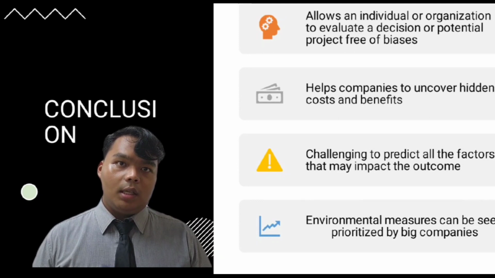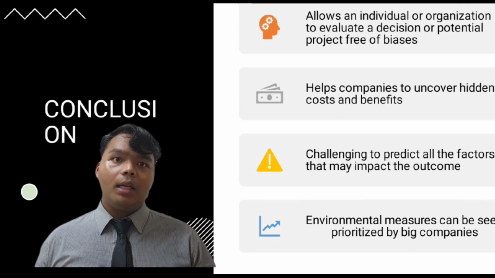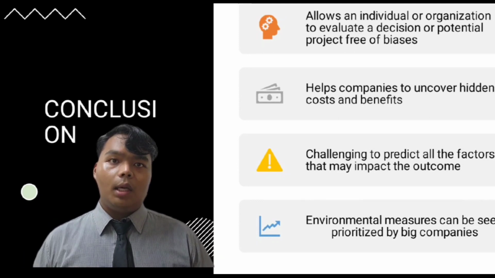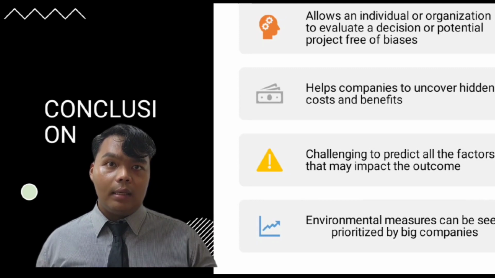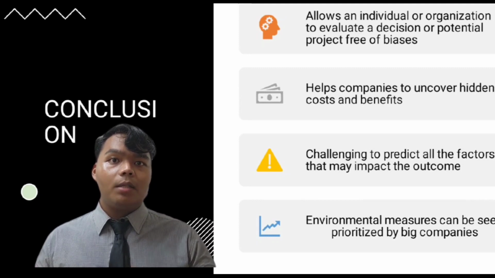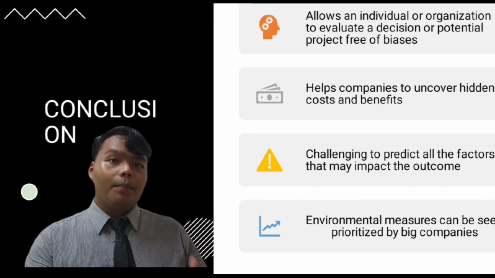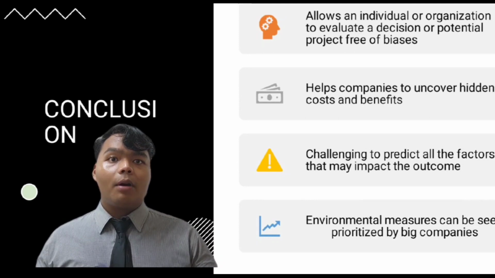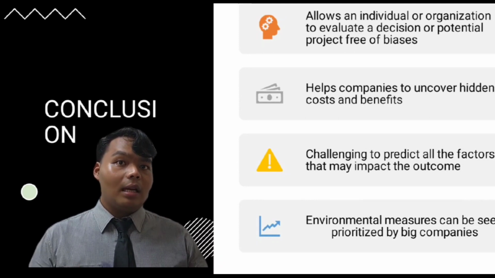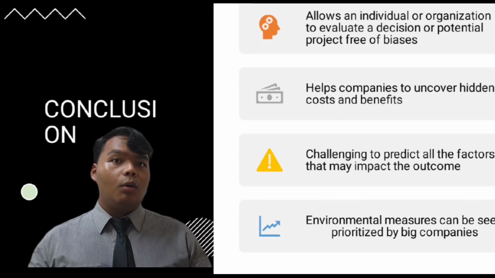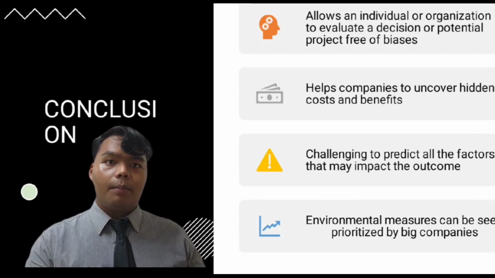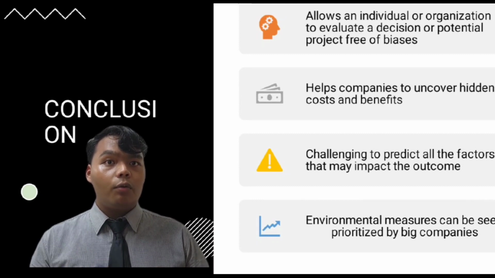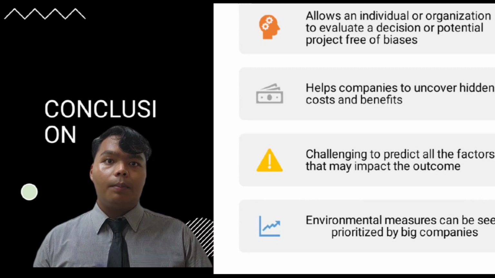Despite all these advantages, there are also some limitations associated with CBA. One of them is that it is challenging to predict all the factors that may impact the outcome, as most external changes cannot be predicted. To add, environmental measures can be seen prioritized by big companies like Ford Motor Company, which aims at becoming a carbon neutral company by 2050 through their 10-part environmental policy.